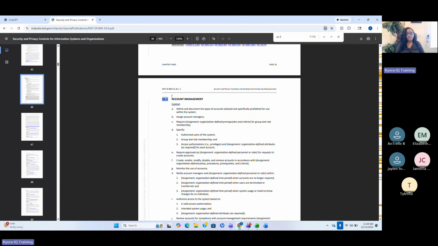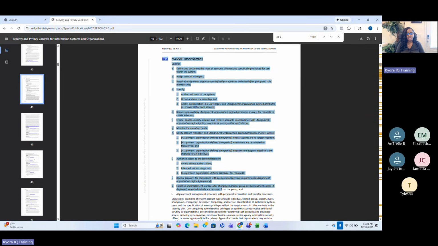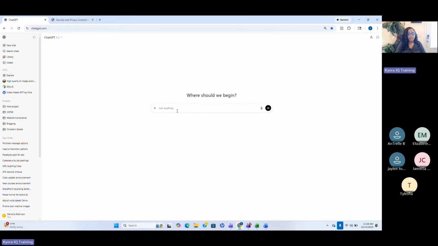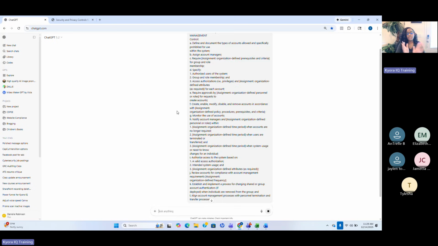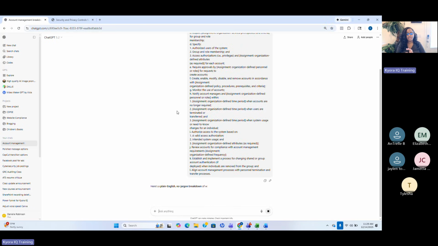So you can literally come in here and take this first section, and we can go into ChatGPT and say, break this down into layman's terms what this means, right? Because we're working smarter, not harder these days.